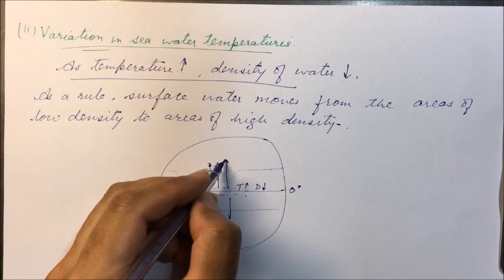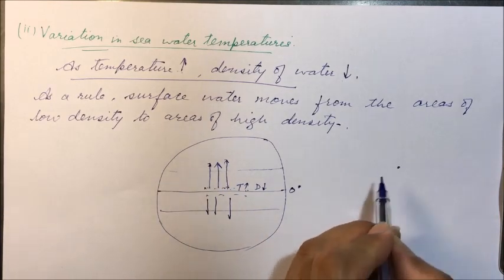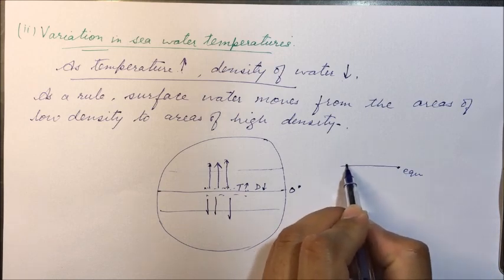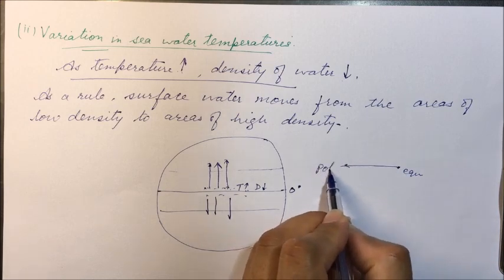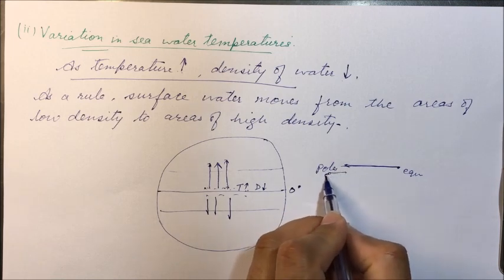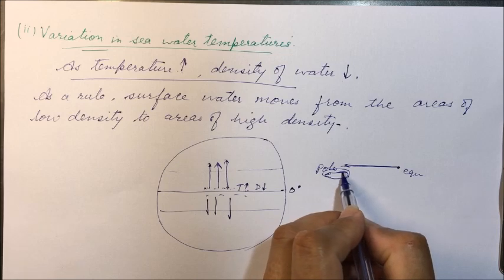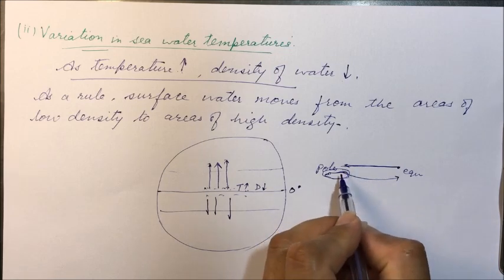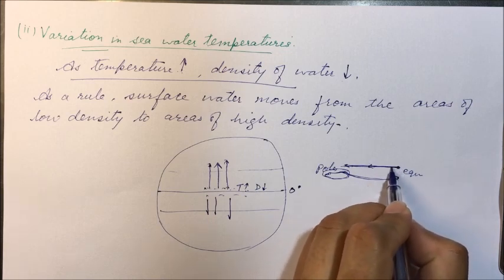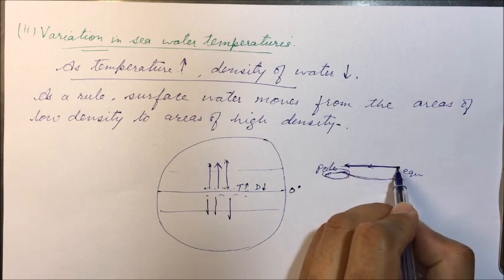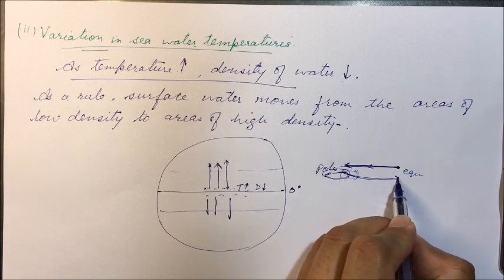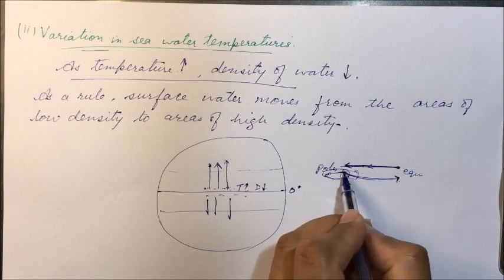Now as it moves on the surface, if this is the equatorial region, as it moves towards the pole, warm water will move from equatorial region towards the polar regions, towards the colder regions, and water from colder region will move towards the equatorial region, but beneath the surface.